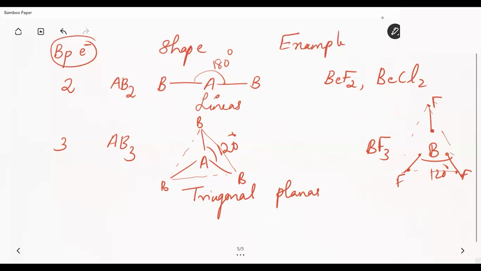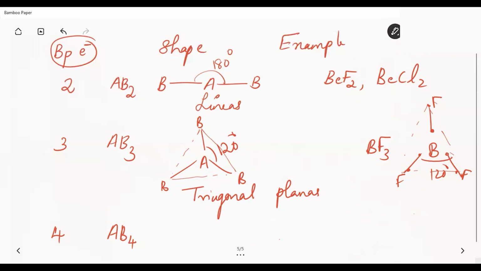Next we move on to 4 bond pair electrons, that is AB4. When you think of 4 electrons, you would think of writing a cross, B, B, B, B. In that case the angle would be 90 degrees. But there is another important possibility, another angle that is possible to keep them.